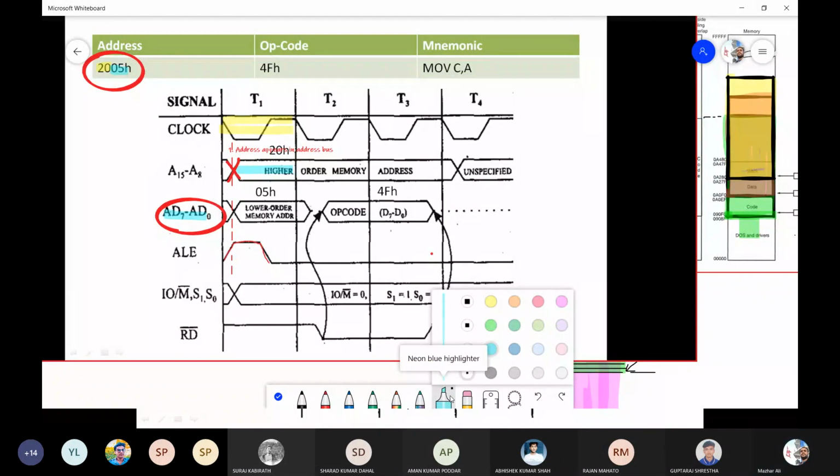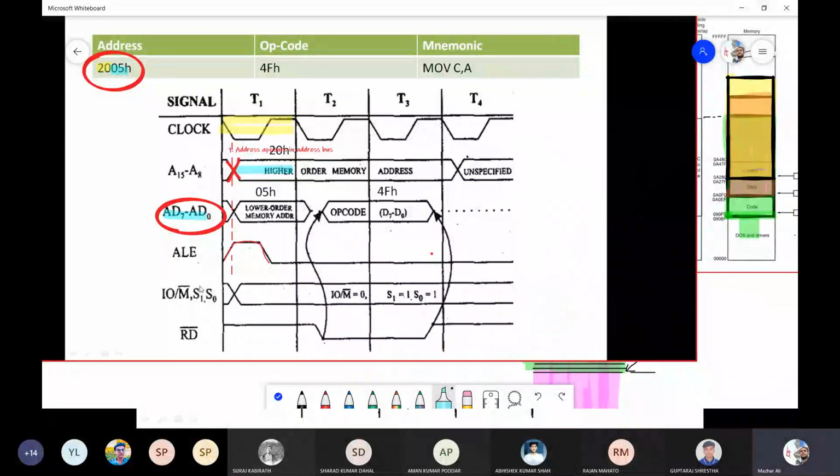At the same time these are the status pins. I will not talk about these status pins: IO/memory, S1 and S0. What I must tell is that at this point this control signal IO/memory is equal to 0, as indicated over here.